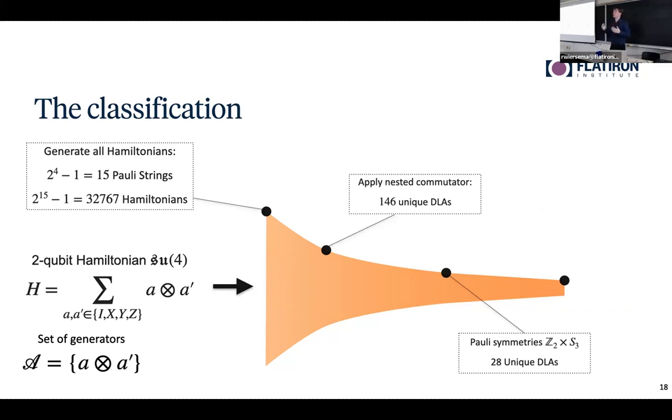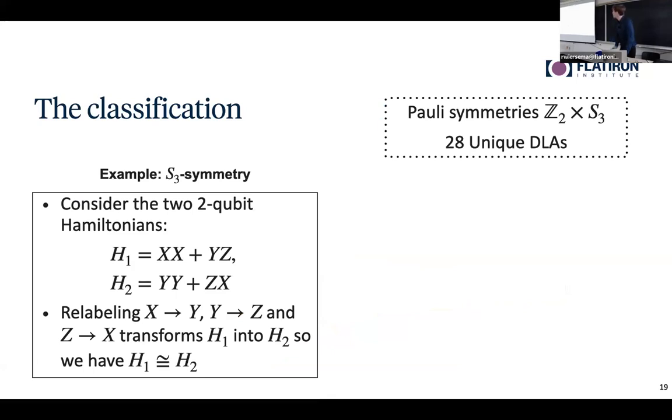It's just some choice of bases, basically. So we can take those out. Here is a simple example again: we have XX plus YZ, and YY plus ZX. If we relabel, then we see that they're the same, because Y goes to X. So we know that we can just take one of these.